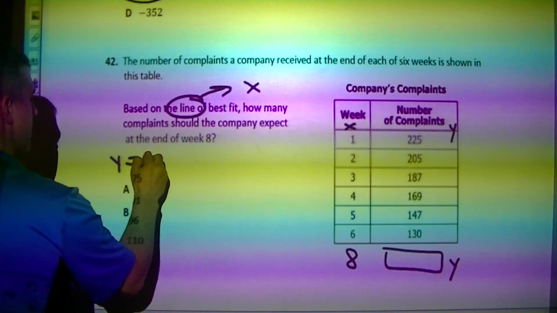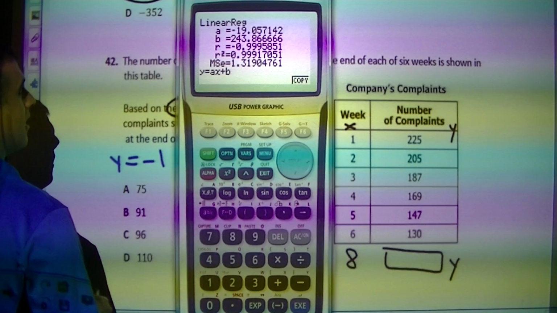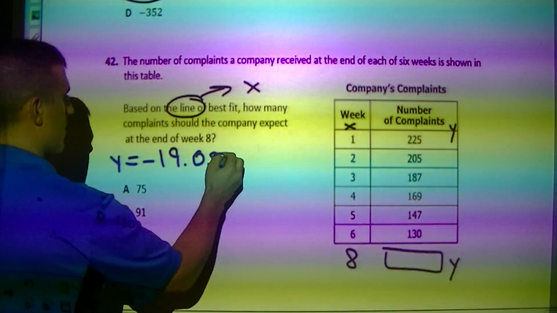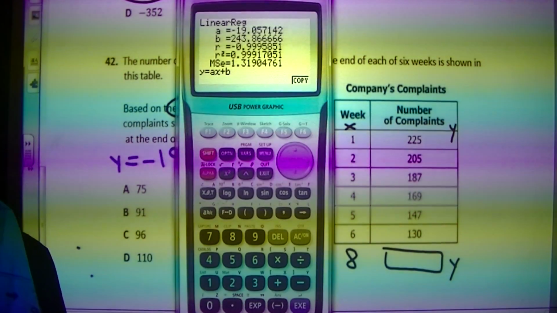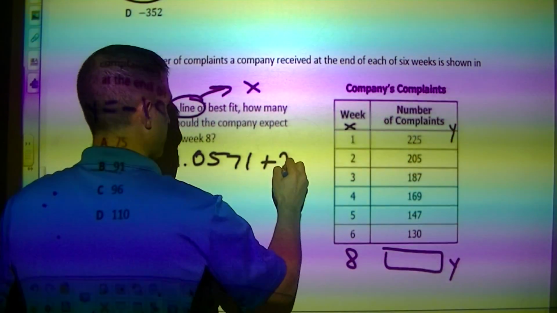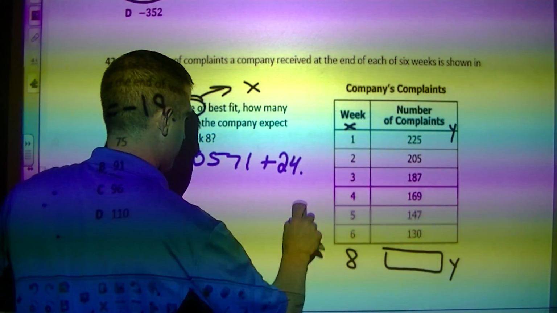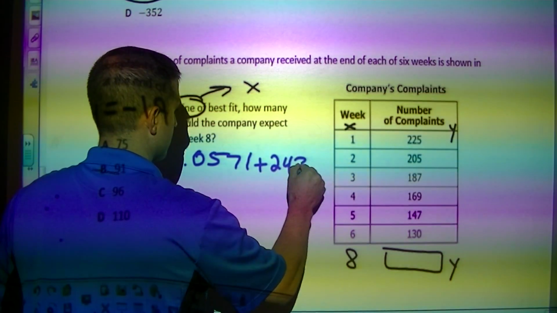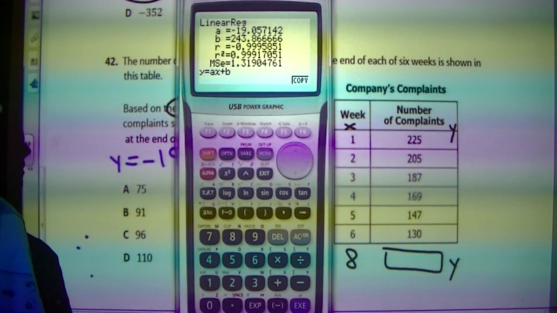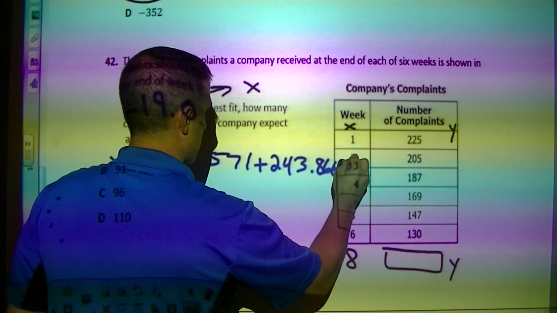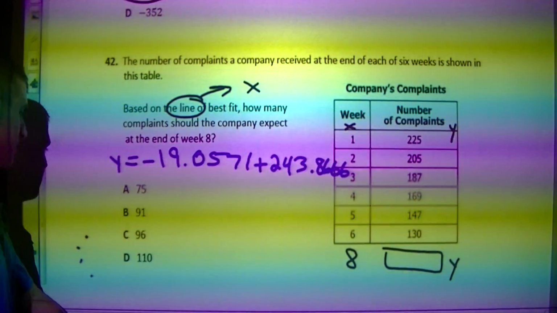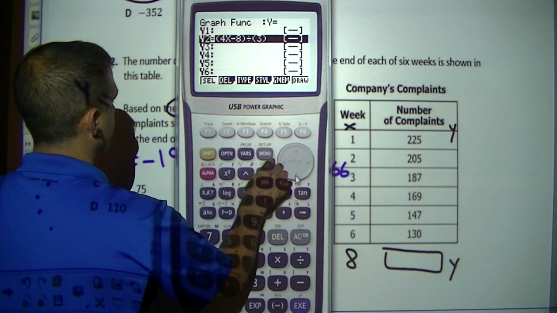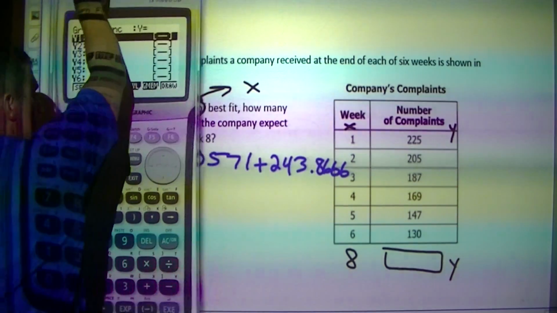I should probably write up to 4 decimals. So y equals negative 19.0571x plus 243.8666. Now what I'm going to do is go into menu, go to graph, delete those, and type that in.